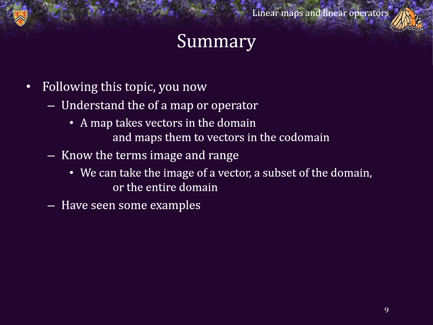You also know the terms image and range. So we can take the image of a vector, the image of a subset of the domain, or the image of the entire domain. And another term to describe the image of the entire domain is the range of the map. We also looked at some basic examples.